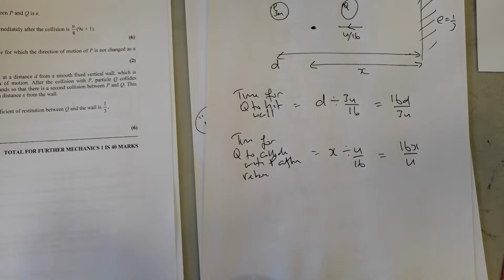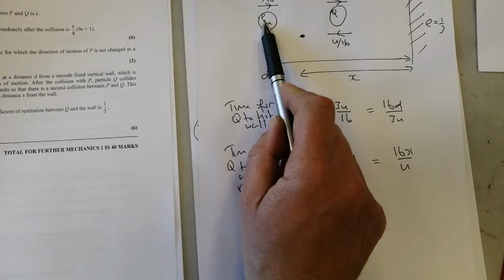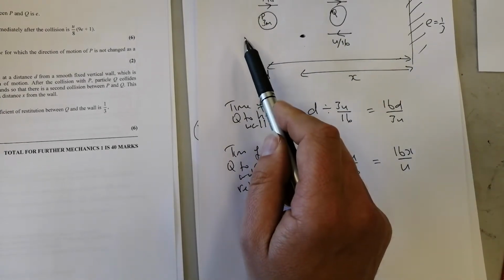The third thing we can work out is how long it's going to take P to collide with Q after Q's rebound.